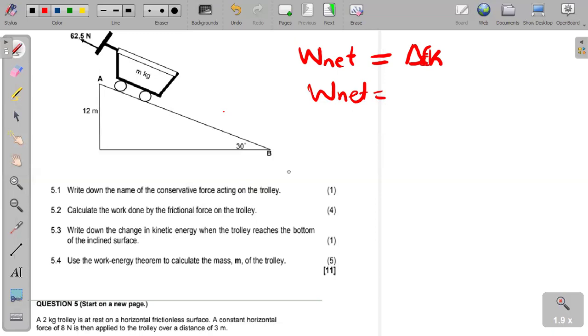My advice is when you find it a little bit difficult to identify the individual forces that have done work on an object, try to bring out a free body diagram or a force diagram. Usually a free body diagram is also good to use, but nonetheless, just bring out a free body or a force diagram to identify all the forces that are acting. So let's try to do that.